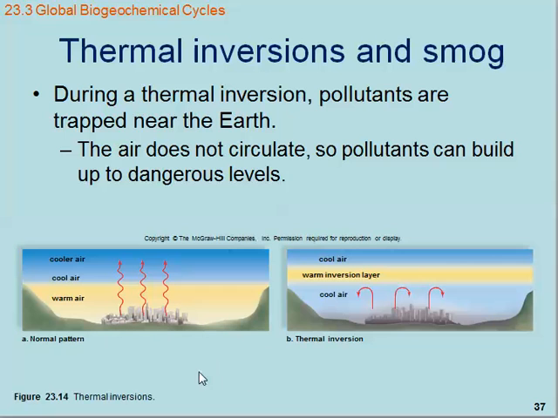Thermal inversions. If we look at the left-hand diagram here, this is a normal pattern. Normally, our atmosphere is heated as radiant energy is absorbed by the Earth's surface and then re-radiated as heat energy or infrared, which then makes the atmosphere right near the Earth's surface warm, meaning the molecules are farther apart and the air is less dense.